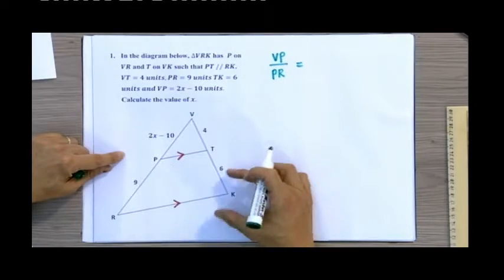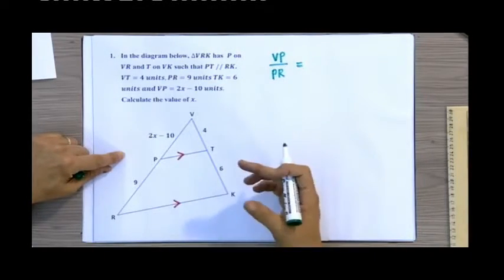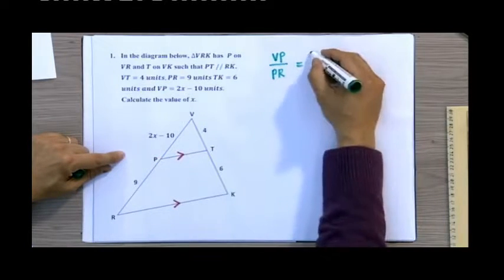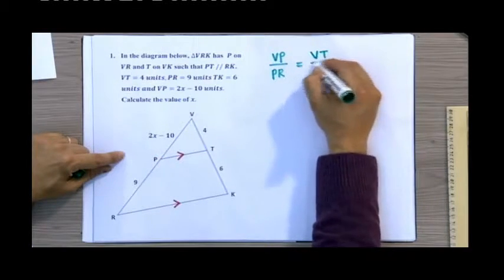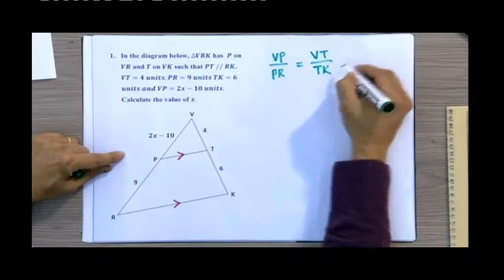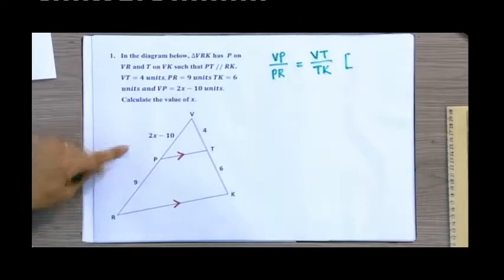That is what it means, same proportion. So it's VP over PR equals, what is the top part there? It's VT over TK.